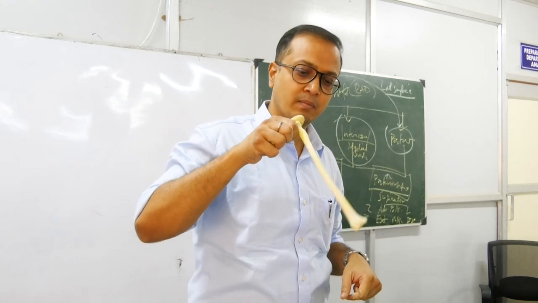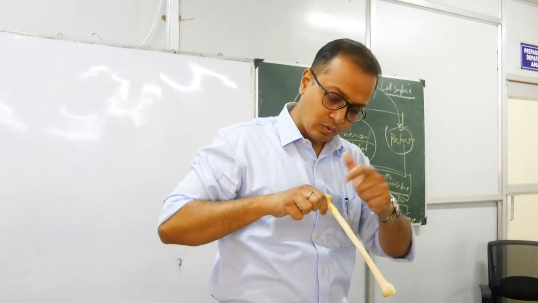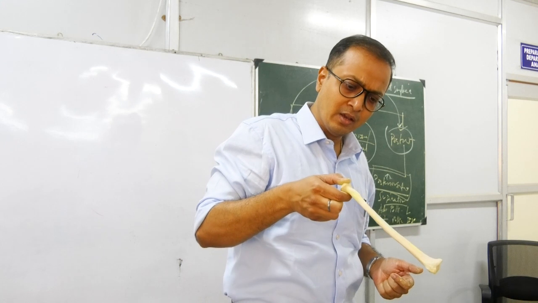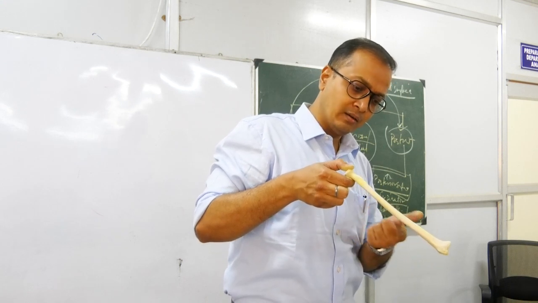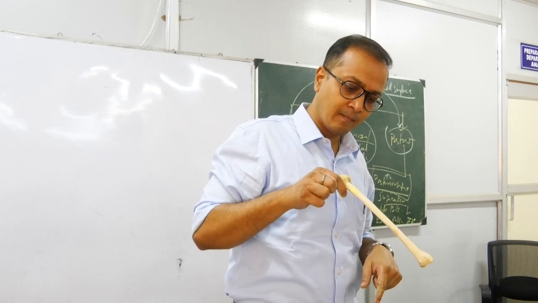These are the three muscles on the back side. So three muscles on the front side, three muscles on the back side, encroaching on the lateral surface: supinator, abductor, and extensor pollicis.